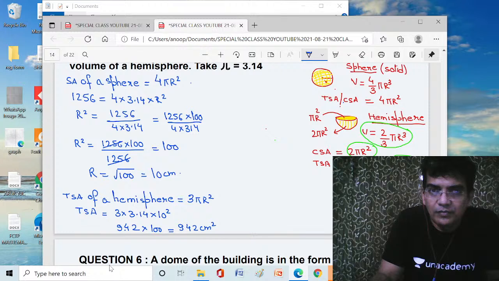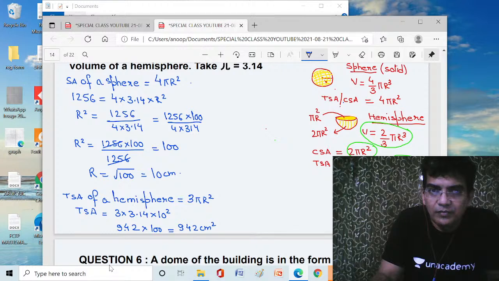On the next, what they have asked is volume. They've also asked us to calculate the volume. Okay, so formula for volume is 4 by 3 pi r cube.